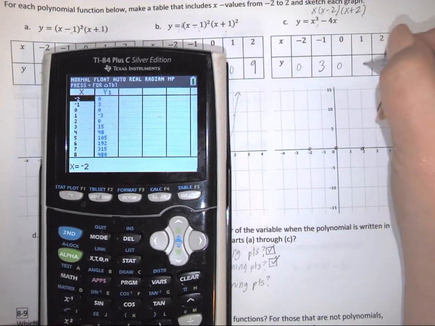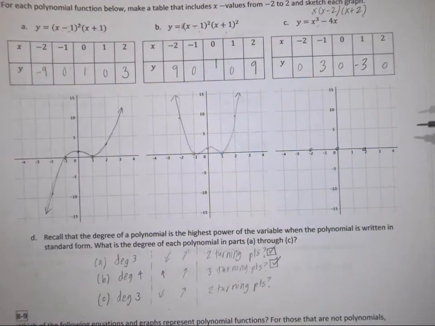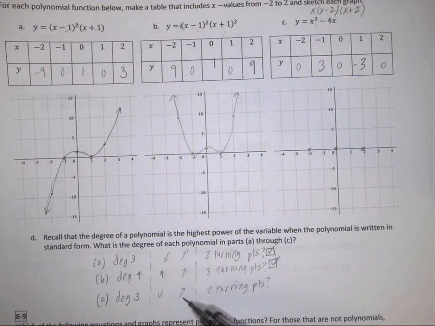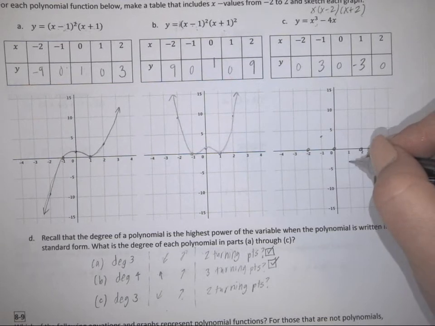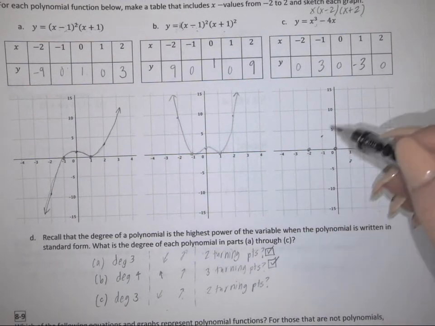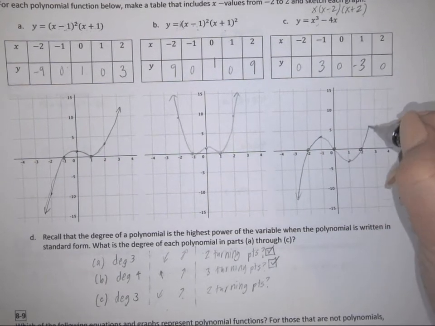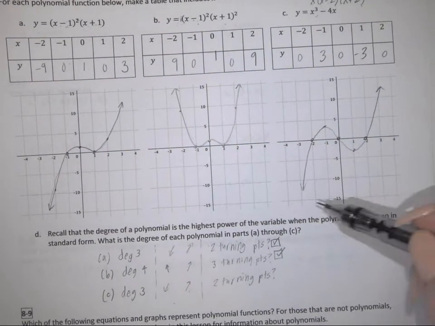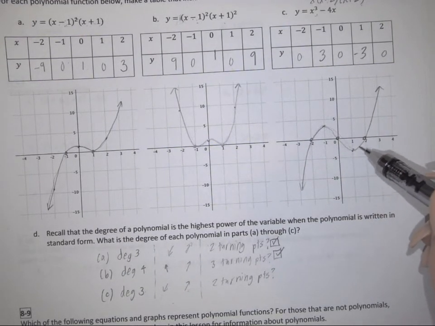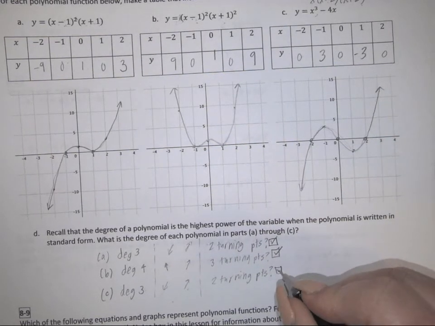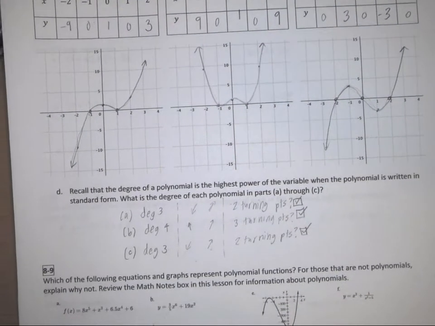Negative 1 is 3, 0 is 0, like I said. 1 is negative 3. So we know that it's going to be like this, and then negative 1, 3 looks like this, and 1, negative 3 is like this. So it's going to look like kind of this shape. It does have 2 turning points. It goes up, then down, turns around, and goes back down, turns back up there. And you get the end behavior, looks like that.